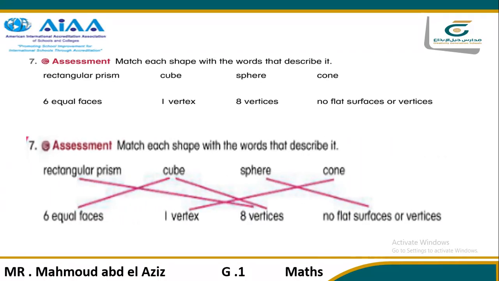So here, rectangular prism has 8 vertices. What about cube? We have here 2 properties of cube. It has 6 equal faces and 8 vertices. What about sphere? Sphere, no vertices, no edges, and no flat surface. What about cone? Cone has just one vertex.